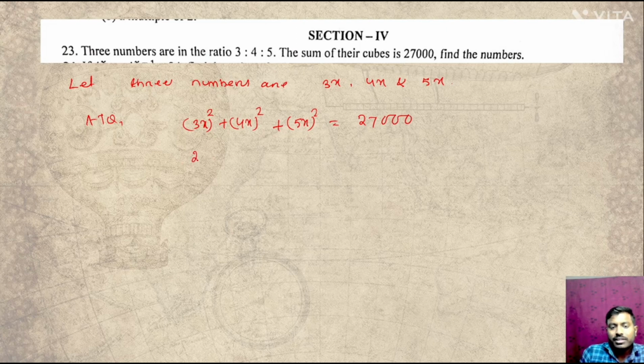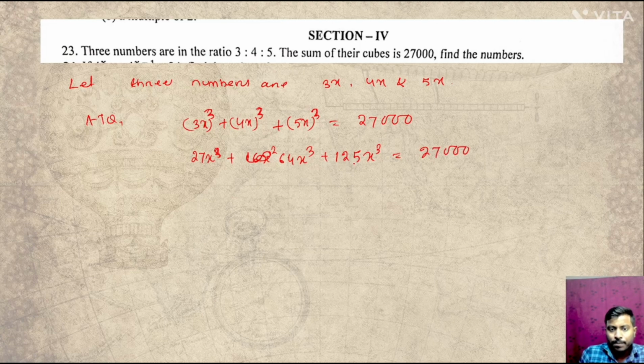Then 27x cube plus 64x cube plus 125x cube is equal to 27,000.